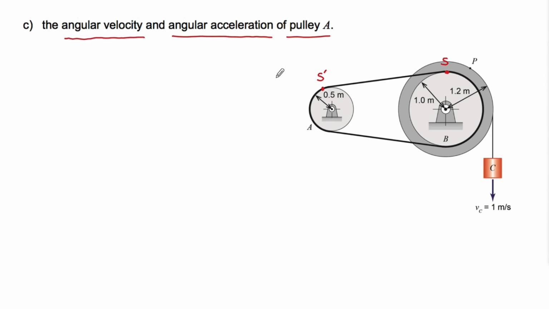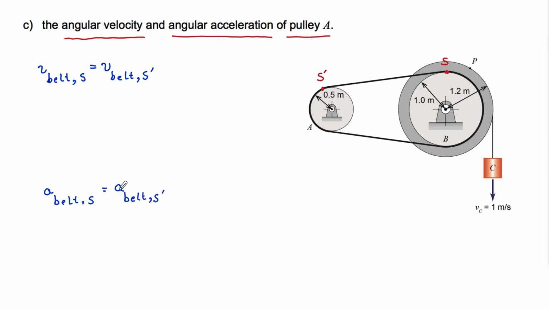Then the velocity of the belt at point S is the same as the velocity of the belt at point S prime, and also the acceleration of the belt at point S is the same as the acceleration of the belt at point S prime.